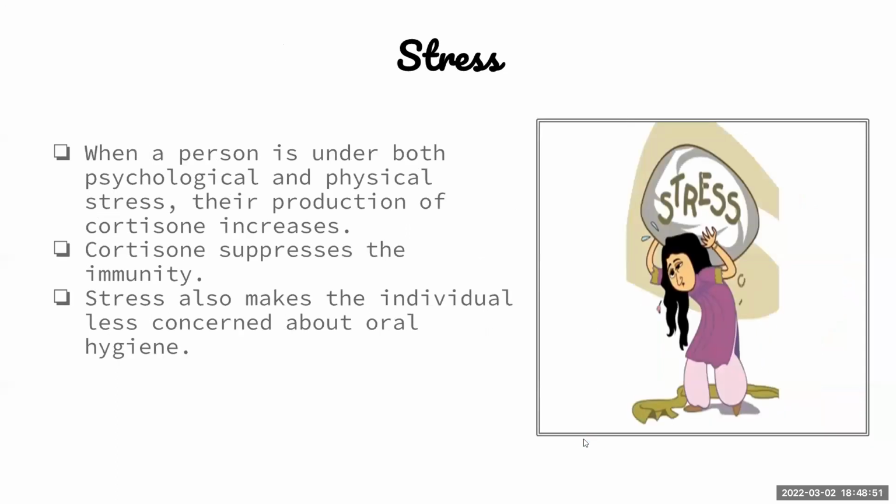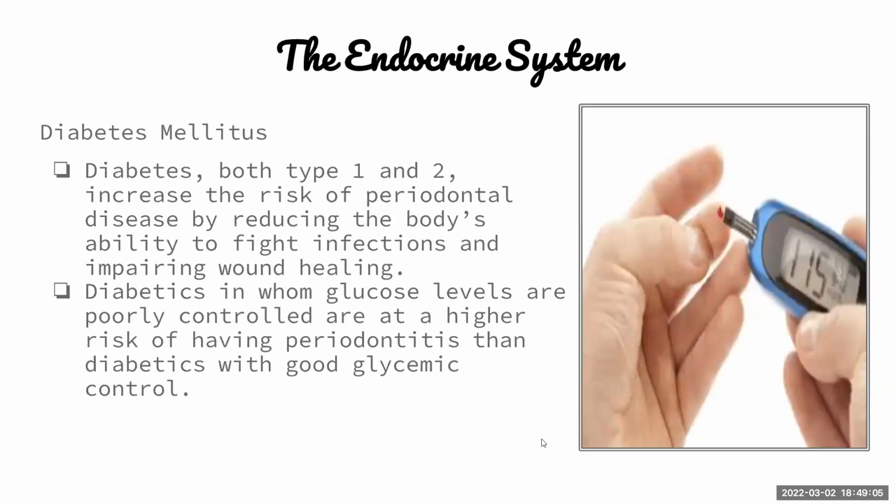Stress plays a factor. Cortisone is suppressed. Stress also makes the individual less concerned about their oral hygiene as well as their diet. Diabetes, both types 1 and 2, increase the risk of perio disease by reducing the body's ability to fight infections and impairing wound healing.